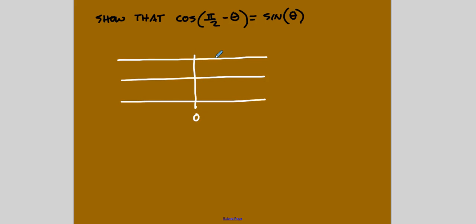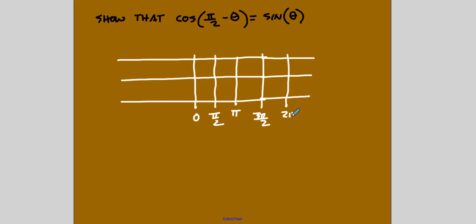So this is 0, pi over 2, pi, three pi over 2, 2 pi. I don't need to go all the way back to negative 2 pi here. I'm just going to go back to negative pi over 2.